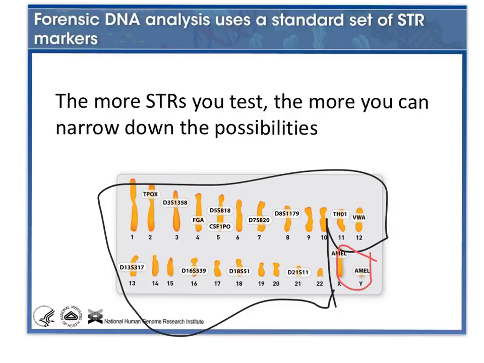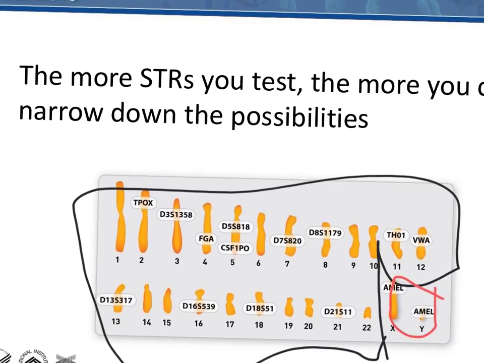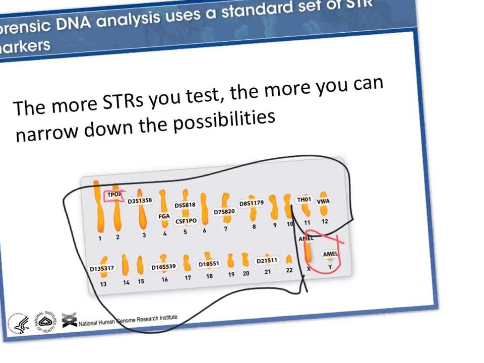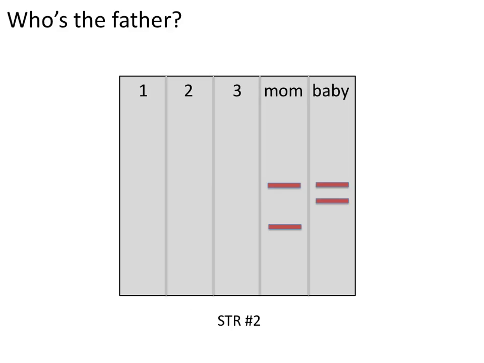And each one of these is one of those variable regions. Okay. So, in this case, who's the father?